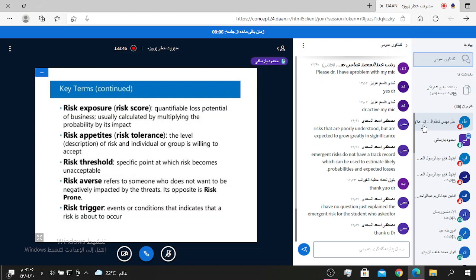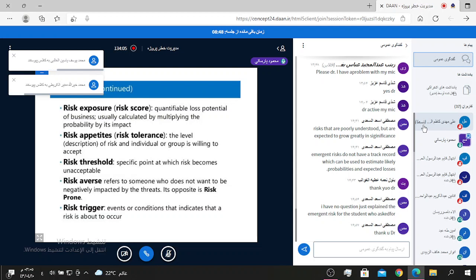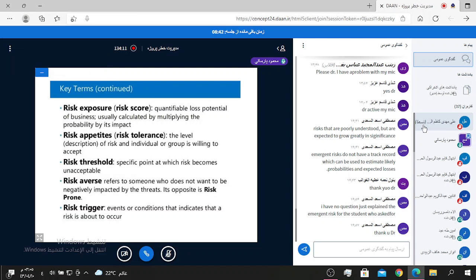So I repeat, risk exposure, or risk score, or risk number, is the quantifiable loss potential of business, usually calculated by multiplying the probability of that risk by its effect on the project's objective or objectives.